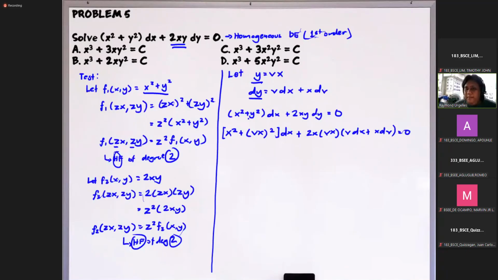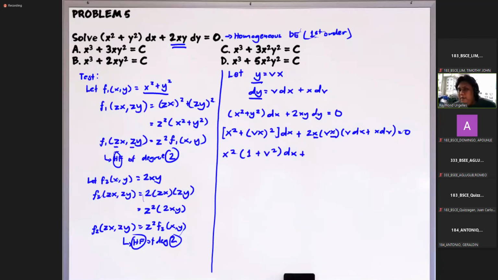So then we simplify. We can factor out x squared here, diba? So this is x squared multiplied by, okay, dito ang matitira ay 1, tapos dito naman ang matitira ay v squared. So then this is dx, plus, dito pwede rin natin i-factor out yung x squared kasi meron ka ditong x, tapos may x ka rin dito.